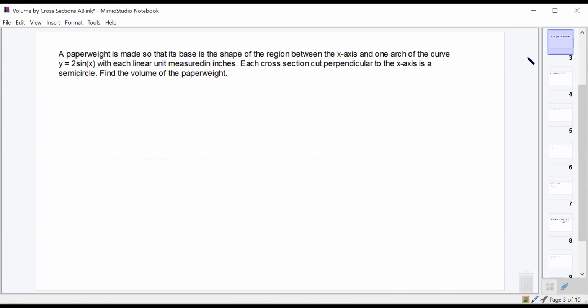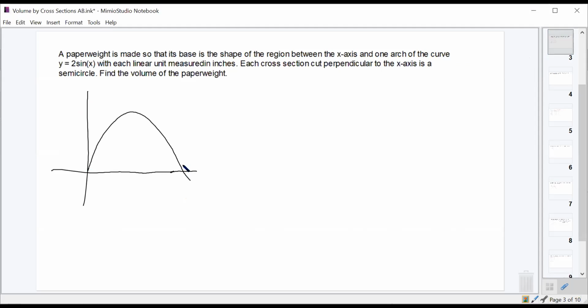Okay, so we've got a paperweight. The paperweight is made so that its base is the shape of the region between the x-axis and one arch of the curve y equals 2 sine x. That looks about the same as before, right?